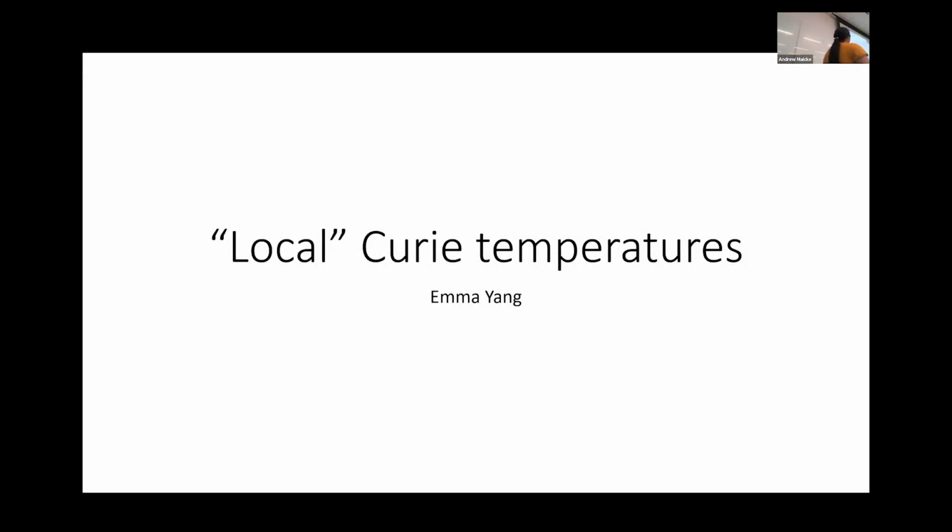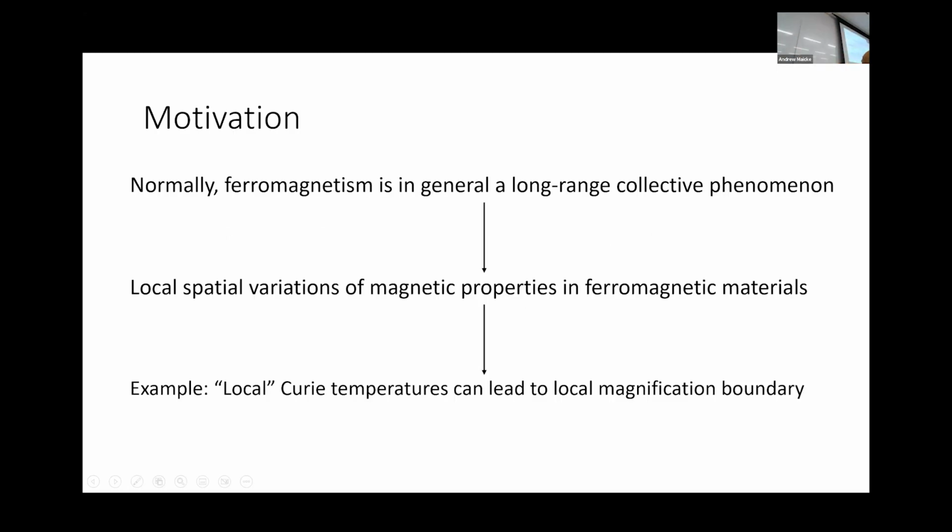The thing I'm going to talk about is a really narrow topic compared to the history that we just learned. I'm just going to talk about one particular material, and that material creates local Curie temperatures. The reason we care about this is that, for normal materials, ferromagnetism is more like a long-range, general bulk type of feature.